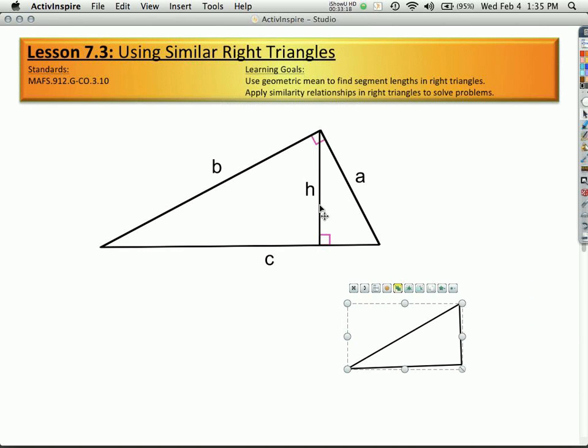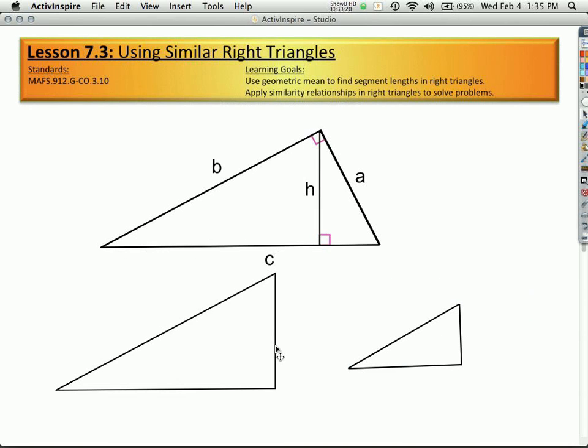And now I'm going to take this one. Now what do you notice? Well, watch this. What do you notice about the triangles? Brandon? They are similar.